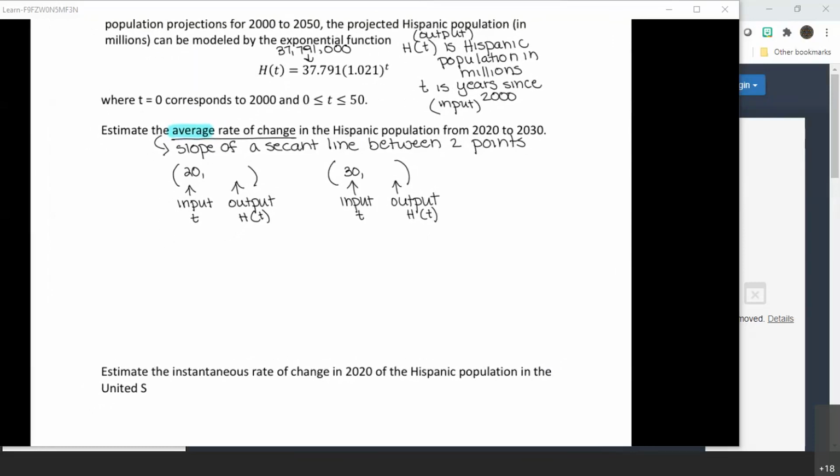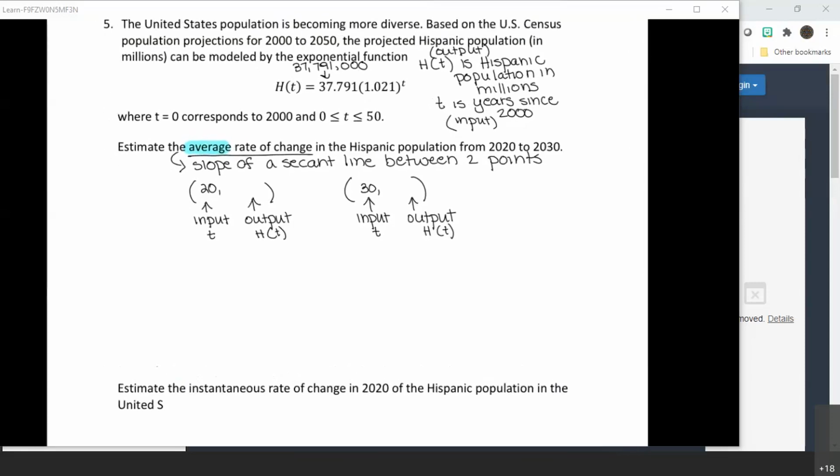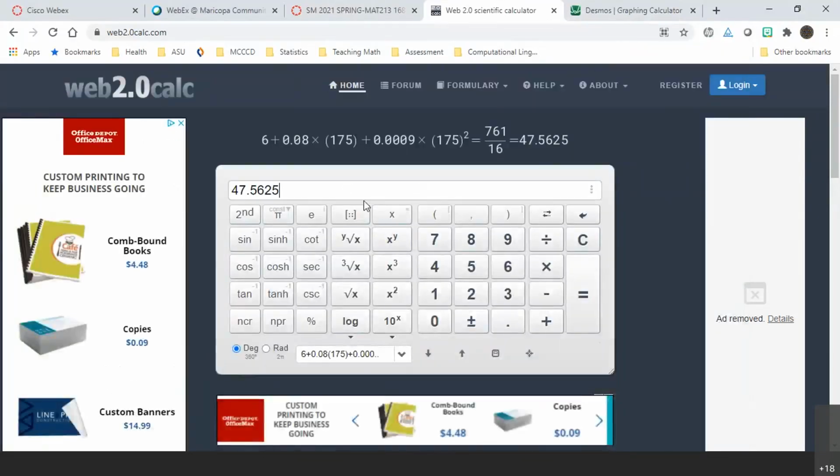So all I need to do is evaluate H of T at the different T values. I take this right-hand side and evaluate it when T is 20 and when T is 30. I'm going to do it two ways. Let's do it on the Web 2.0 calculator.